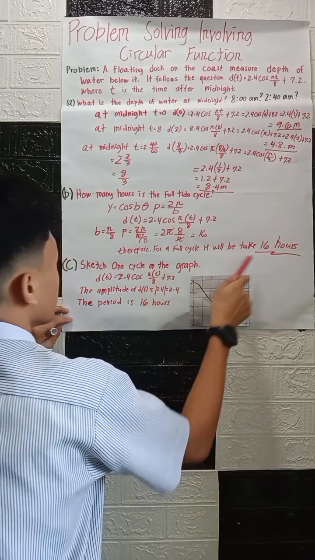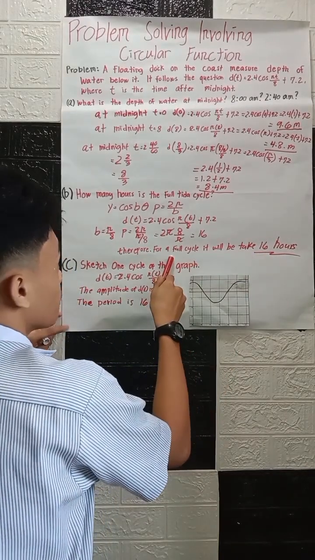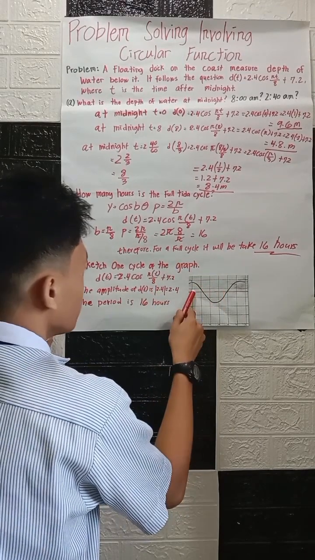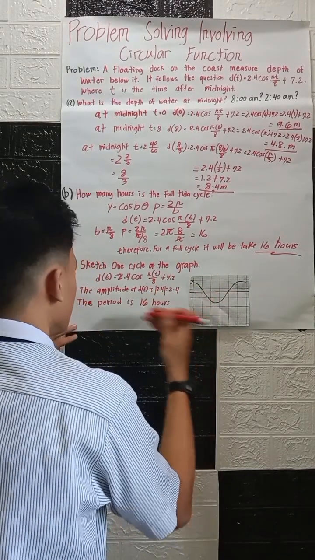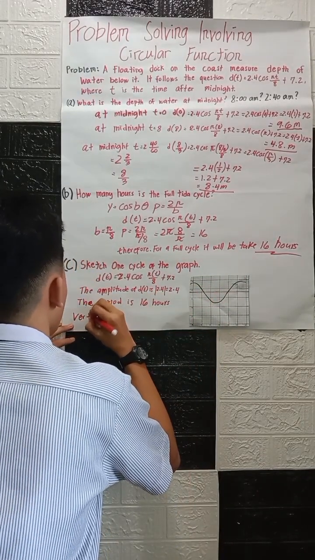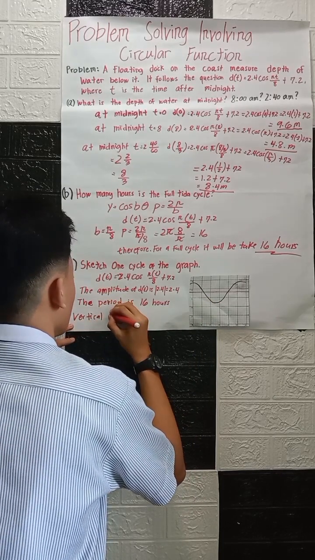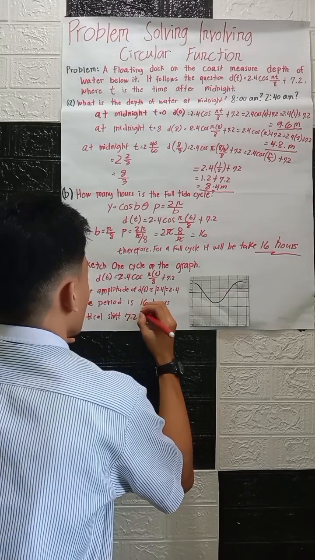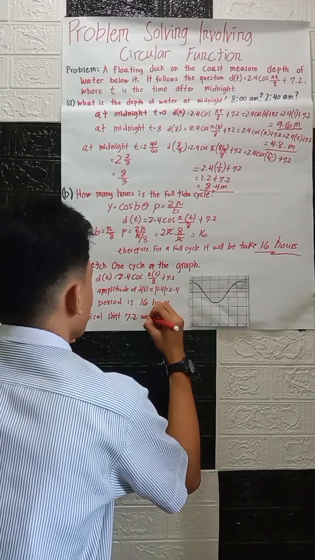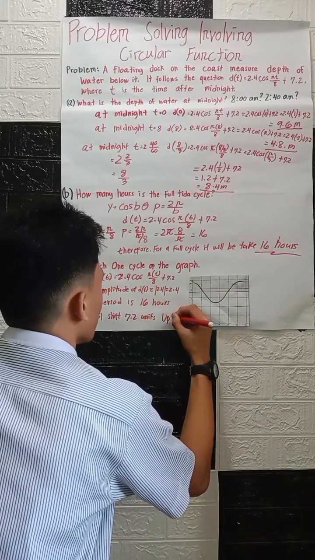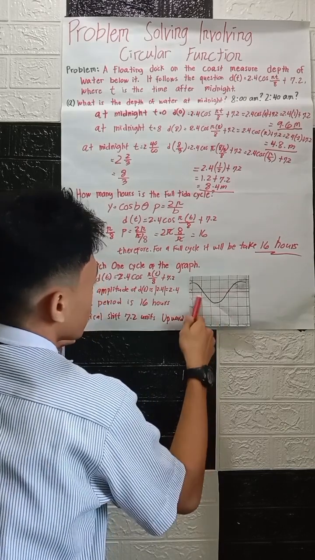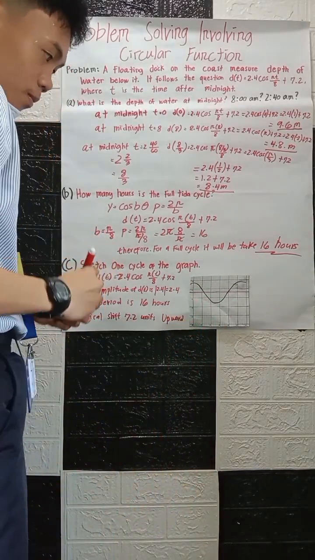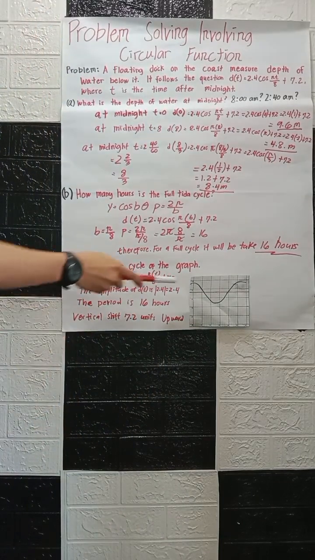So the period is 16 hours. What is this 16 hours? The full cycle will take 16 hours. The vertical shift is 7.2 units upward. So what do you see in the graph? Locate the 7.2.